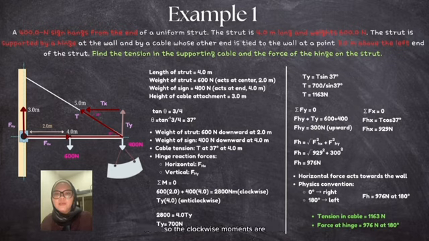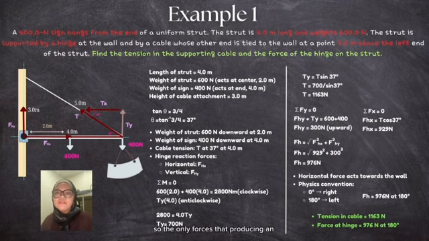The clockwise moments are the strut's weight, 600 times 2 equals 1200 Newton meter, and the sign's weight, 400 times 4 meter equals 1600 Newton meter. So the total clockwise moment is 1200 plus 1600 equals 2800 Newton meter.